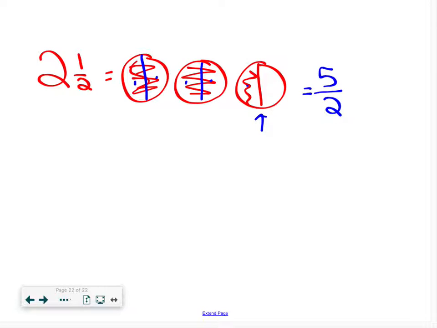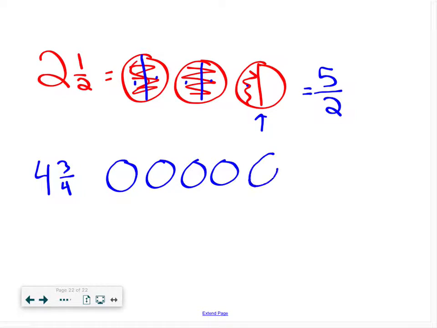halves, okay? Now if I had 4 3/4, you should be picturing 4 pizzas, 1, 2, 3, 4, and then 3/4 of another one. If you are changing it to an improper fraction, you need to cut all of the pizzas into fourths.